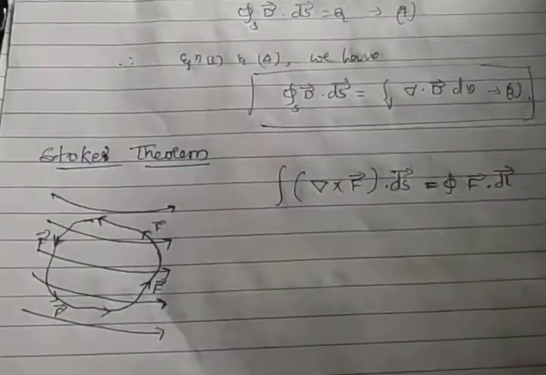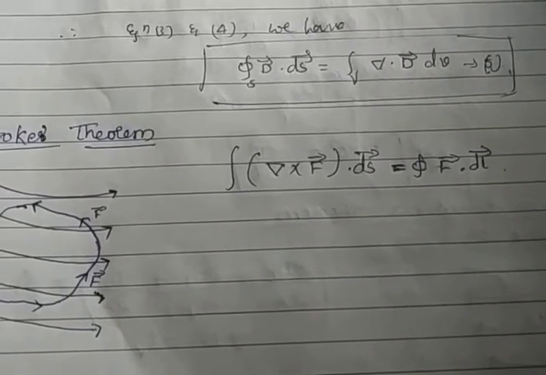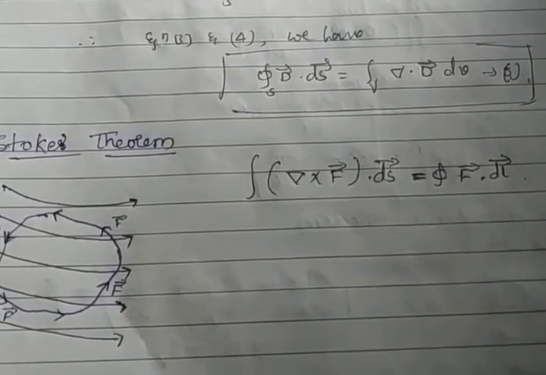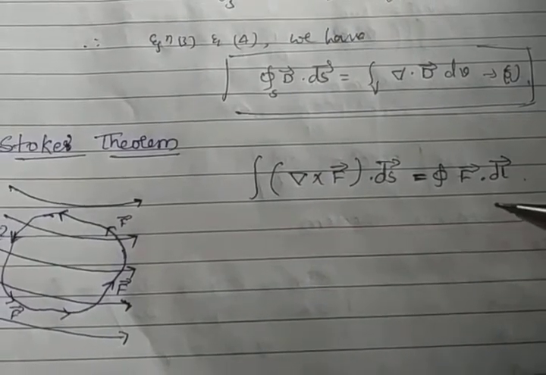Next is Stokes theorem. The equation is this one. Stokes theorem relates a line integral to a surface integral in the case where the curl of a vector exists in a vector field.